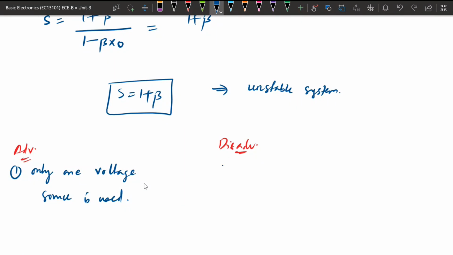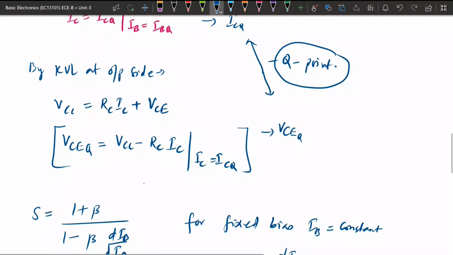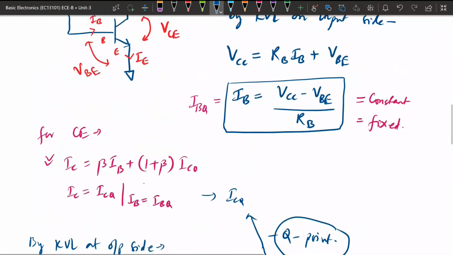In case of disadvantage, the fixed bias circuit basically provides an unstable system. And another one is, here the current is decided by, if VCC is fixed and VB is already fixed, then it will be decided by the RB.